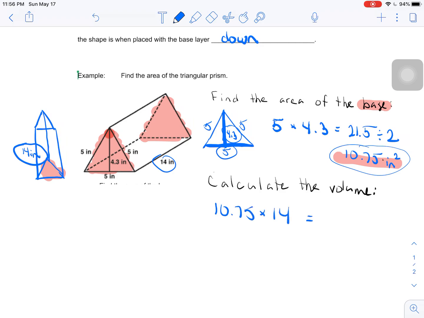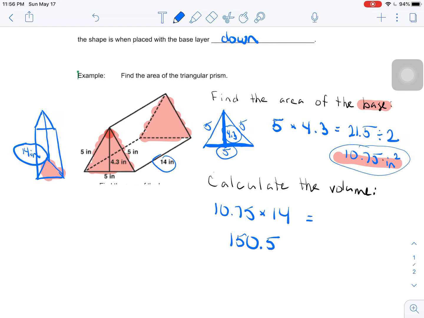So 10.75 times 14, because when we stand it upright, our prism is actually 14 inches tall, which gives us an answer of 150.5.